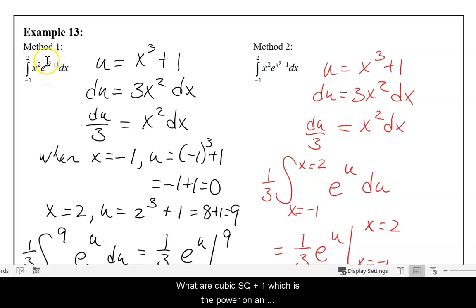The cubic x cubed plus 1, which is the power on an exponential function. The x cubed plus 1 is composed inside the exponential, making it the best choice of u. That gives us du as 3x squared dx, but we only have x squared dx, so we have to divide by 3. I will pause it here so that you can have a chance to look at the two methods and see how far you manage to get without making any mistakes.